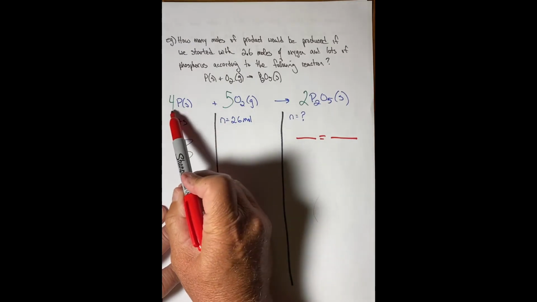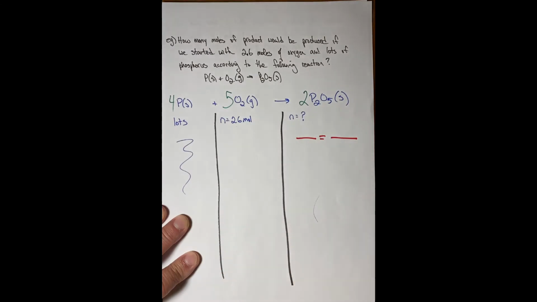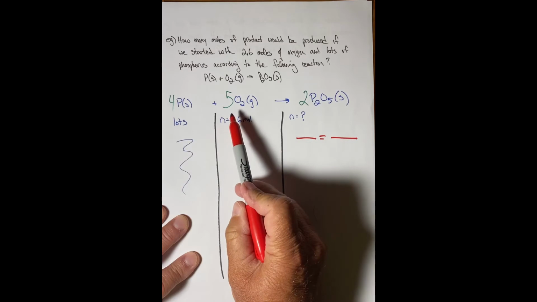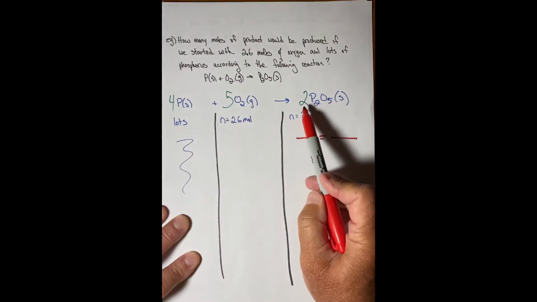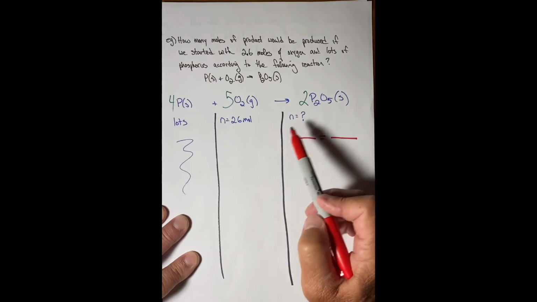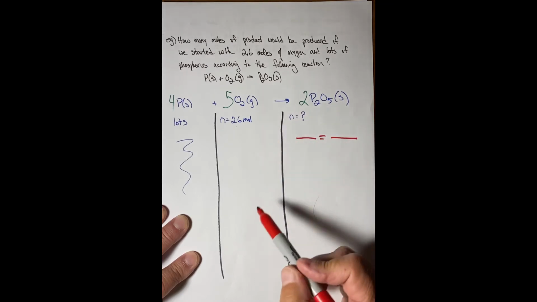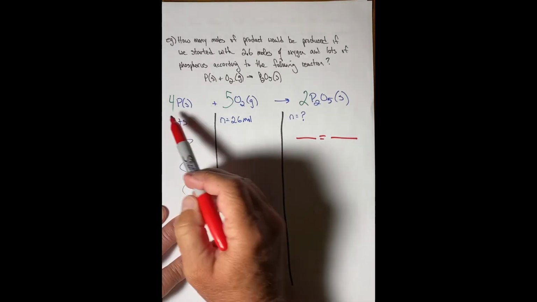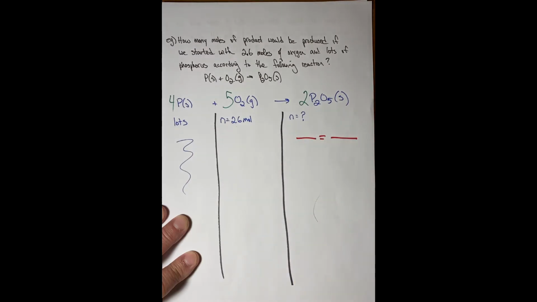So this ratio of 4 to 5 to 2, instead of looking at them in terms of atoms and molecules, which technically is what it means, we are also able to say that this would be 4 moles of phosphorus, 5 moles of oxygen molecules, and 2 moles of P2O5. Now remember, moles and molecules are not the same thing, right? If you have 1 mole, you have 6.02 times 10 to the 23rd. But by dealing with 4 moles, 5 moles, and 2 moles, those are quantities that we can actually use. So it's just a more practical way of doing this, okay?